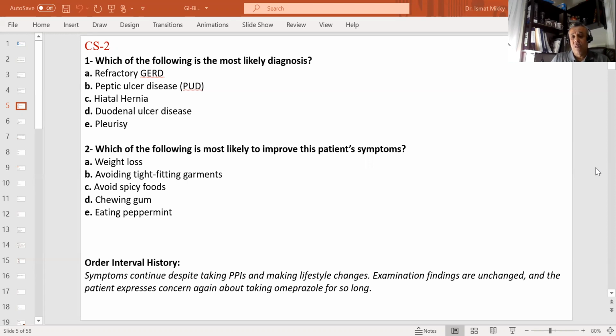However, the difference in the pattern of pain in relation to food is not sufficient by itself to distinguish between duodenal ulcer and gastric ulcer. There are other diagnostic tools that can be used to differentiate.